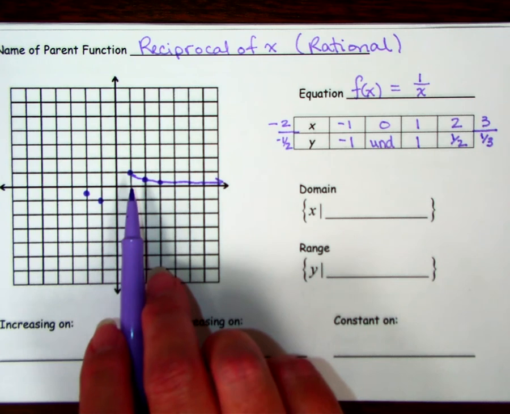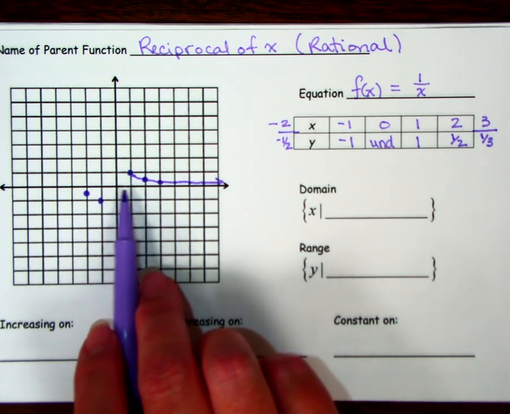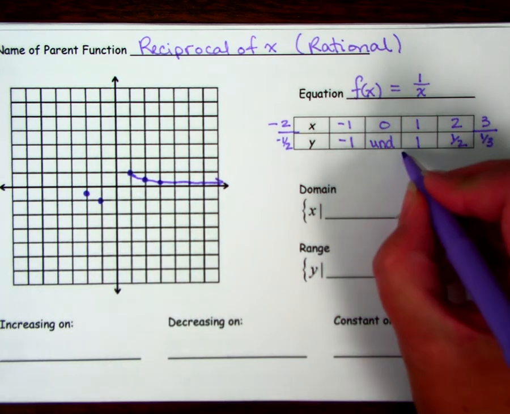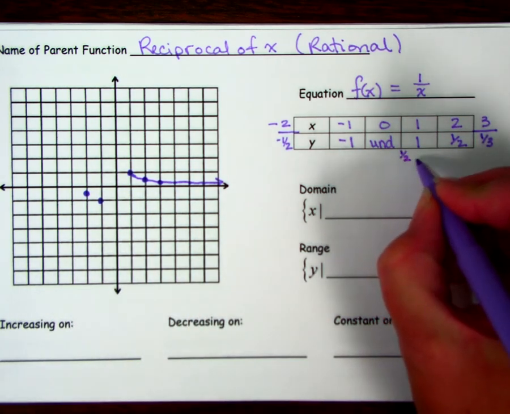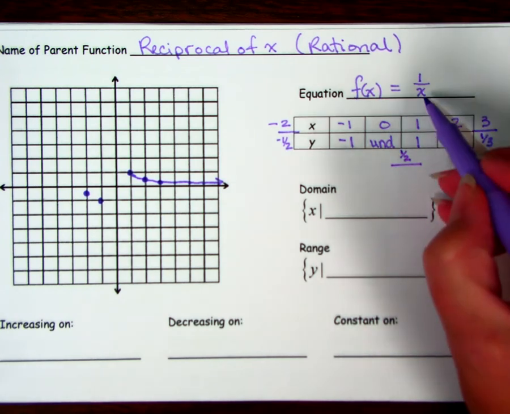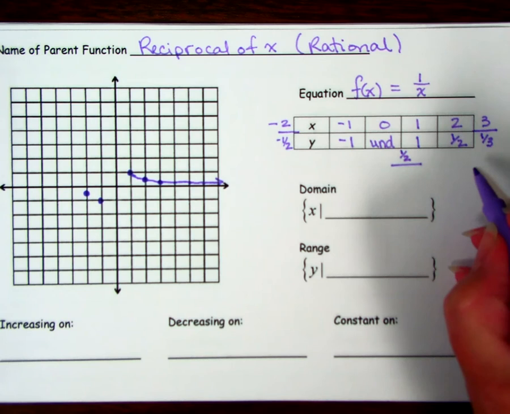So I'm going to need to pick a number for x that's between 0 and 1. So maybe I'd pick a 1/2. So my x value is 1/2. So if I put in a 1/2 in place of the x here, then this would say 1 divided by 1/2.